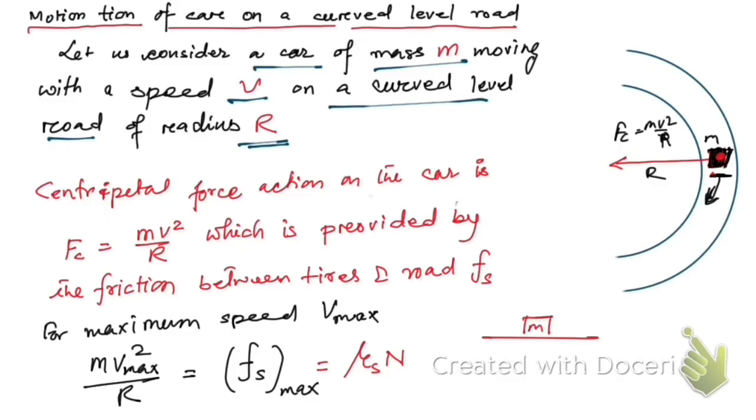If the mass of the car is m, then mg is acting downward, then the normal reaction force is capital N, which is equal to mg, but opposite in direction. So that's why we can write mu s m into g, where mu s is the coefficient of static friction.